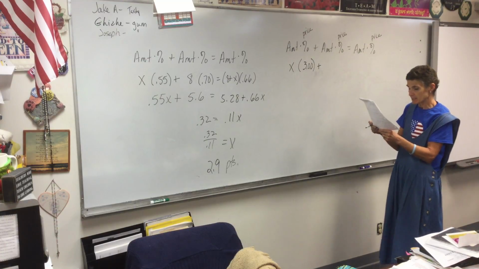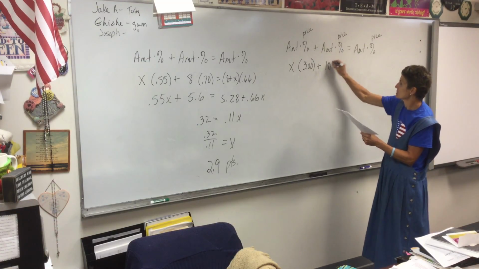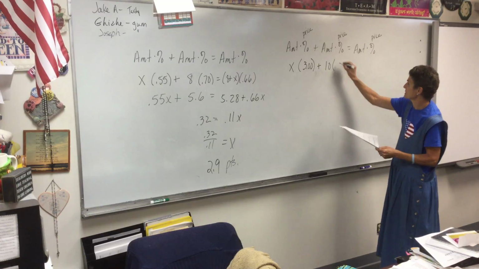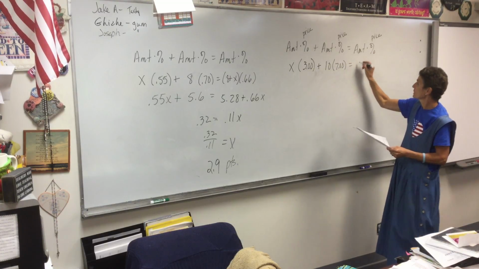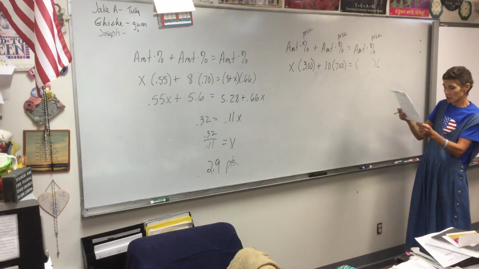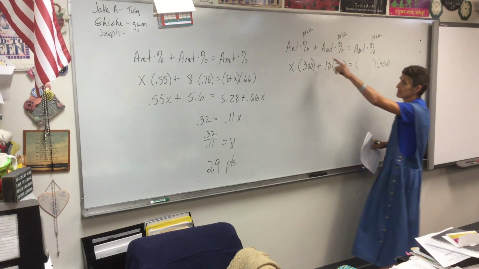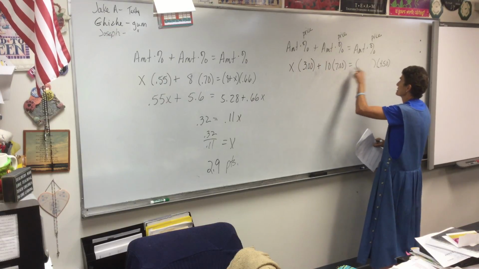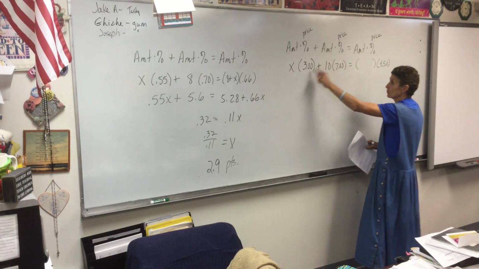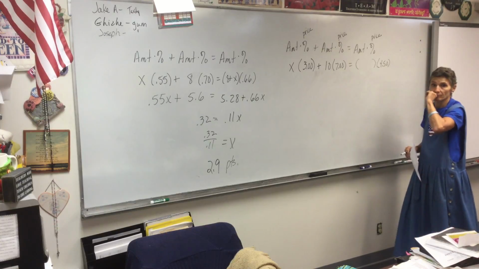How many pounds of peanuts should be mixed with 10 pounds of cashews that cost $7 a pound to get a mixture that's $4.50 a pound? So in the percent areas, they're my prices. So $3, $7, $4.50.